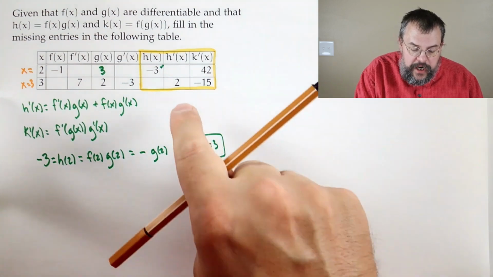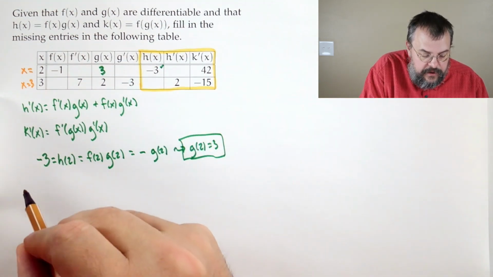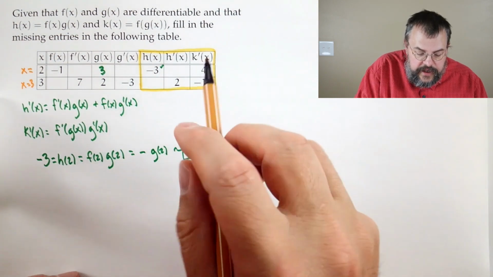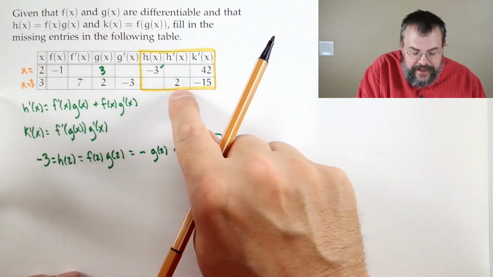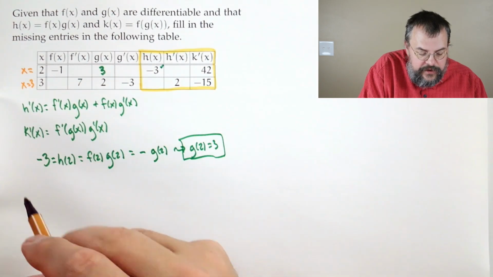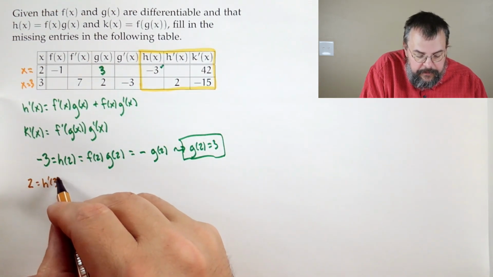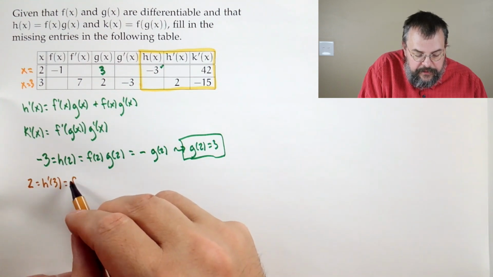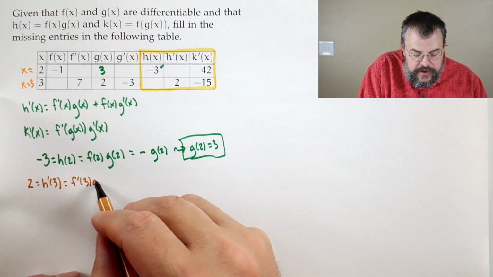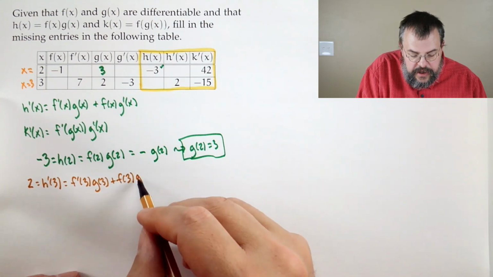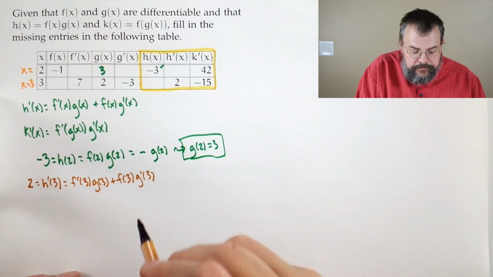How about h prime of 2? Sorry, it's not h prime of 2, it's h prime of 3. So 2 is equal to h prime of 3, and that's equal to f prime of 3, g of 3, plus f of 3, g prime of 3.